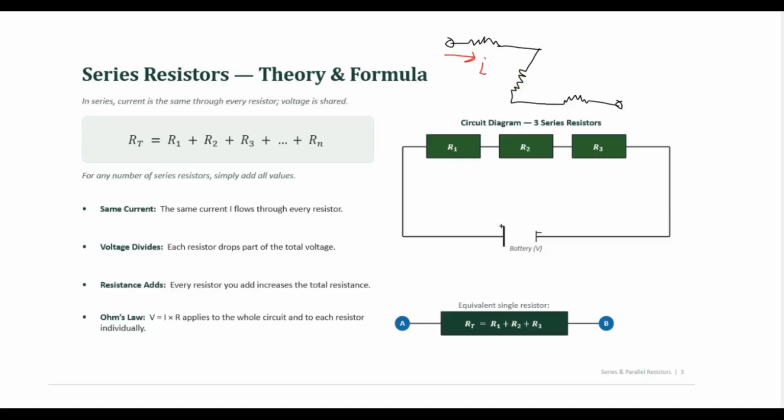Let's call this one R1, this R2, and this R3. The same current that enters through R1 goes this way, goes this way, and then comes out through this place.